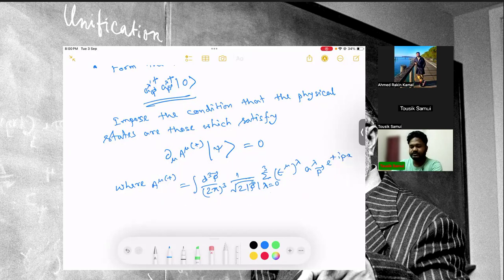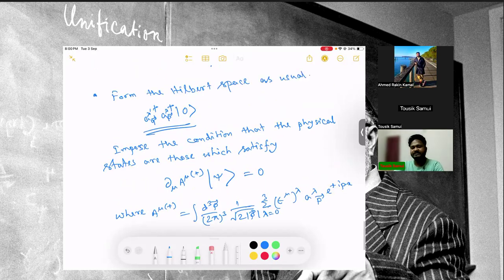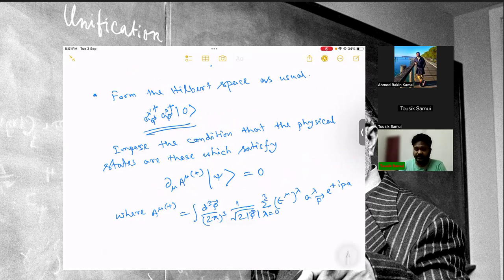And so the Hilbert space, the usual way we create it, is creating the space from the vacuum with all possible momentum and polarization configurations, whatever you can do. But then you impose the condition that I will take the subset, not the whole space that I have created, the subset which satisfies this condition.